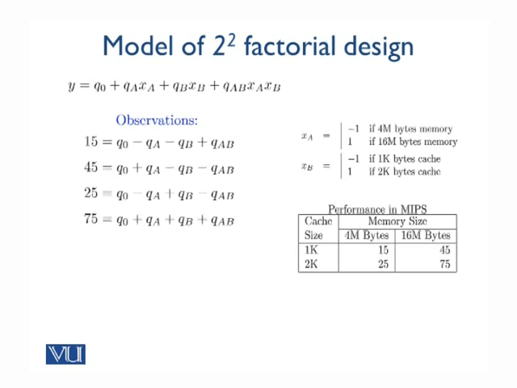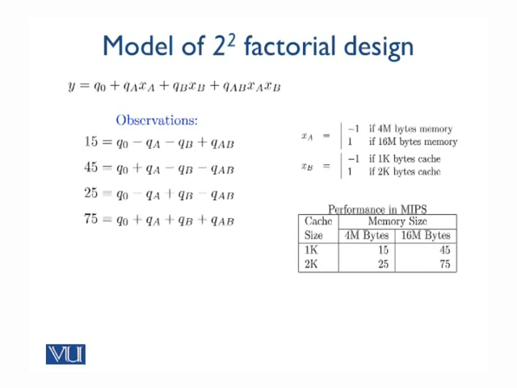And we can list down the observations against different values of xA and xB. So for example, in the first equation that you see in the observation, xA is taken as -1, xB is taken as -1, and xA xB is taken as +1. And because of that, we have one side of the equation as q0 minus qA minus qB plus qAB, and this is equal to 15. I hope you get the idea.